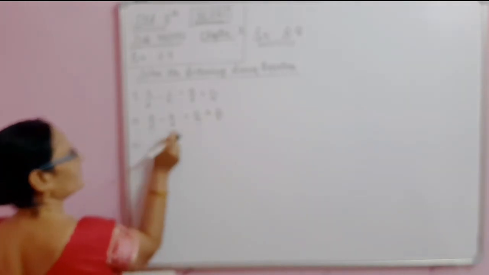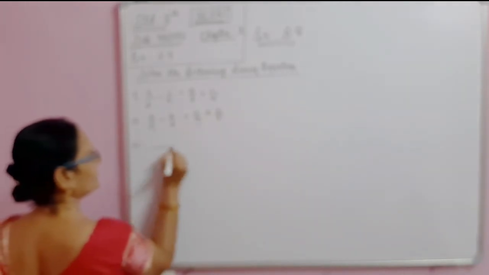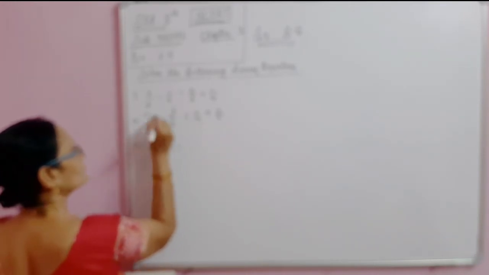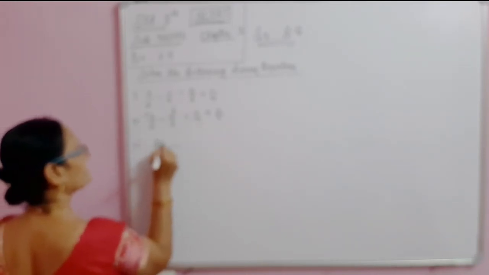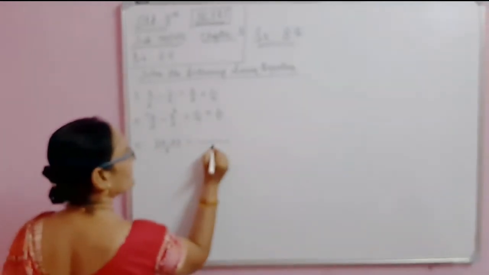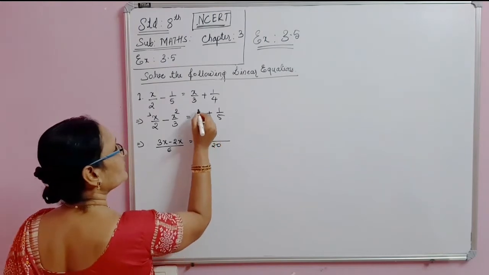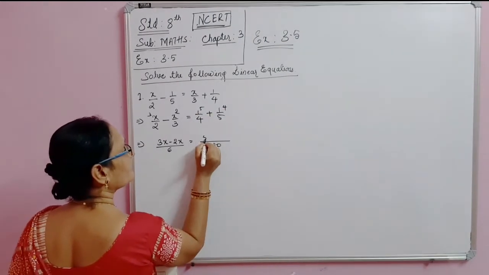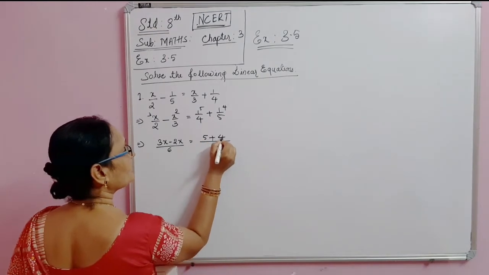See here, 2 and 3. What is the LCM of 2 and 3? 6. So 2 3s are 6, 3x minus 2x is equal to, LCM of 4 and 5 is 20. So 4 5s are 20, 5 plus 4 is 9.